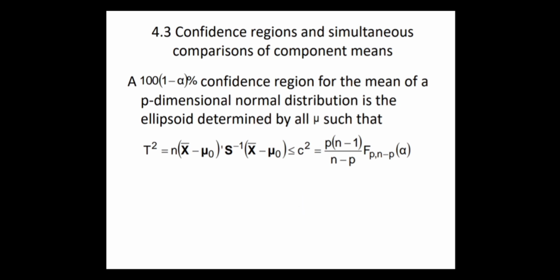If not, if T square is more than the value of c square, then we say that the mean vector mu naught is not in the confidence region. Simple. Alright, p here is the number of variables involved, and n is the number of observations or sample size.